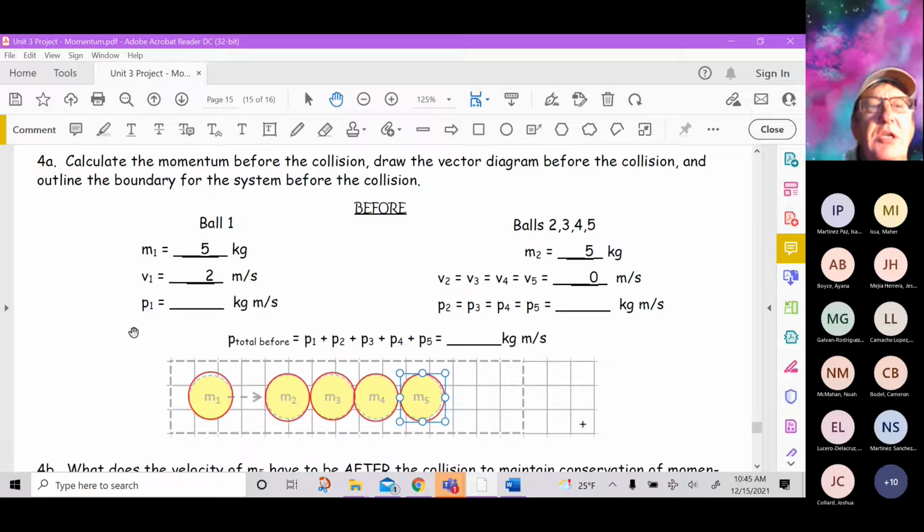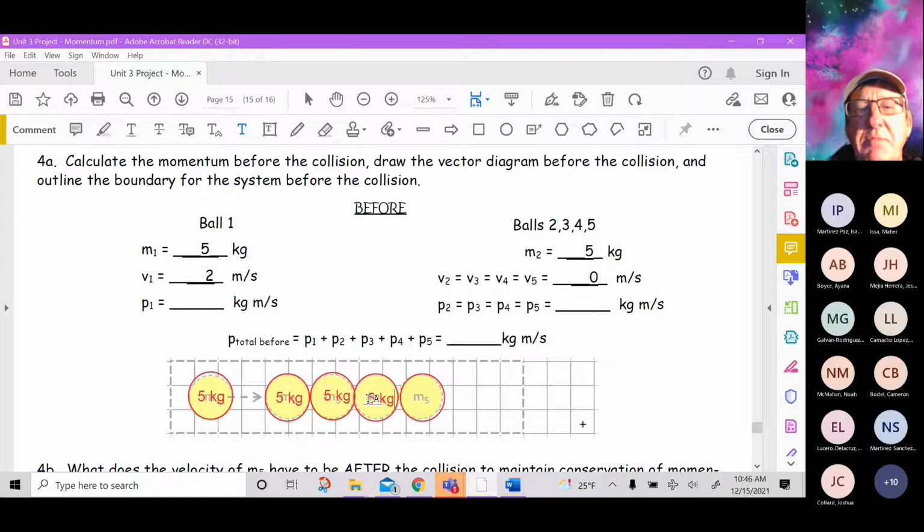Each of those balls had the same mass, and this says it was 5 kilograms. So I'm going to take this and add that label down here, and once again here, and once again here, because they're all the same, right?